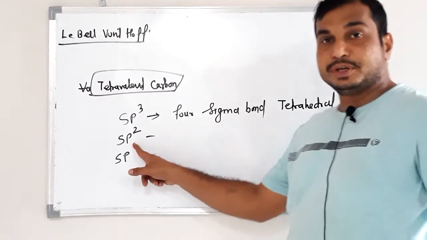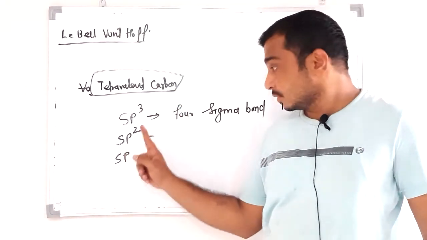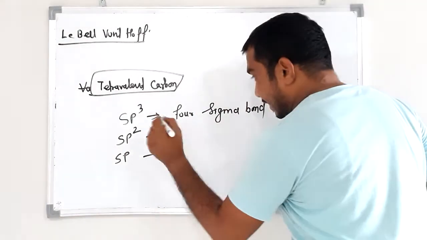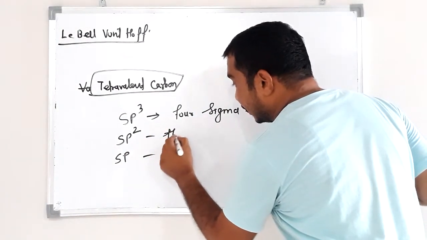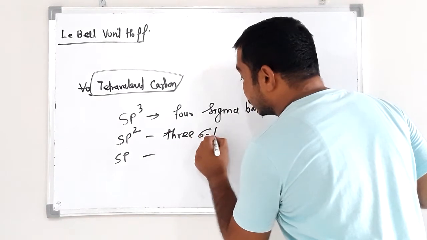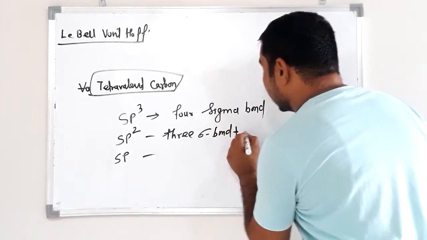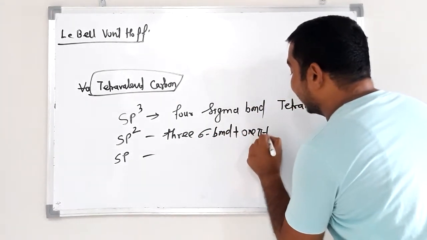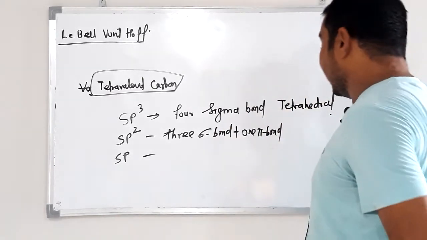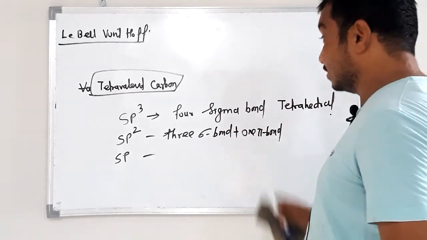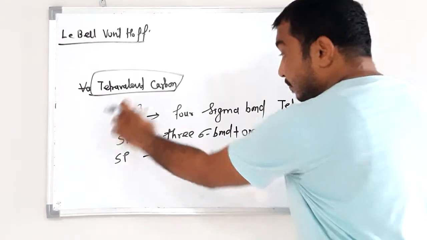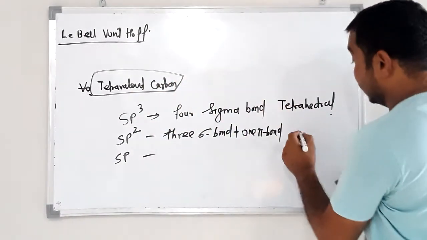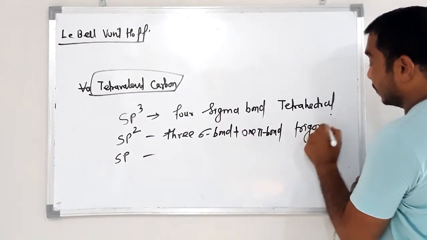In sp2 hybridization, the carbon forms 3 sigma bonds plus 1 pi bond, and the geometry is trigonal planar.